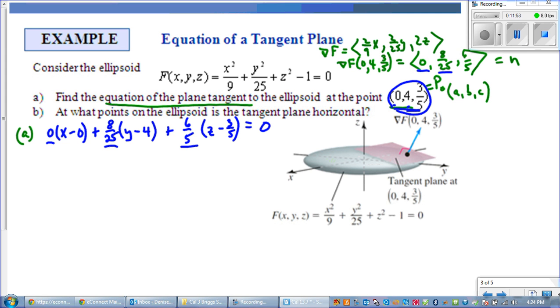So now if you want to simplify that, you can expand it: 8 over 25 y plus 6 over 5 z. I would have 32 over 25 plus 18 over 25. So that ends up being 50 over 25, so just 2.